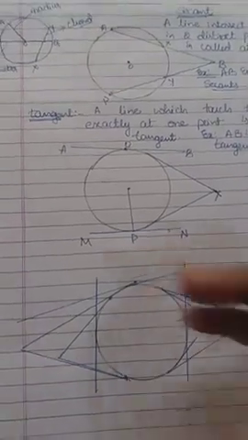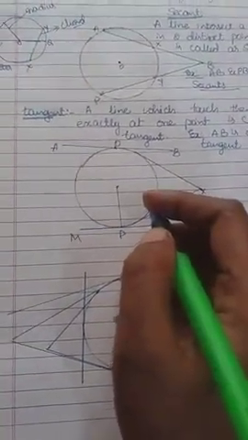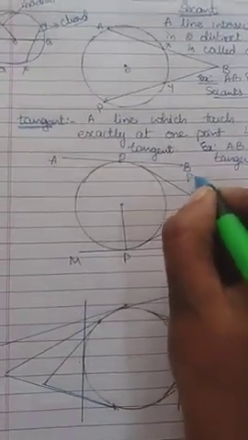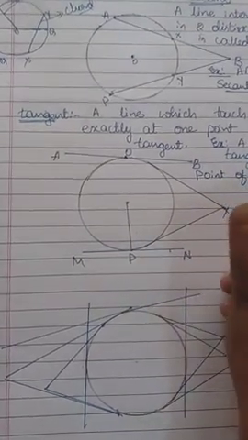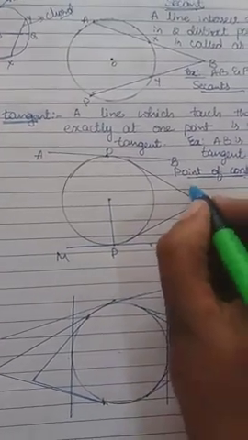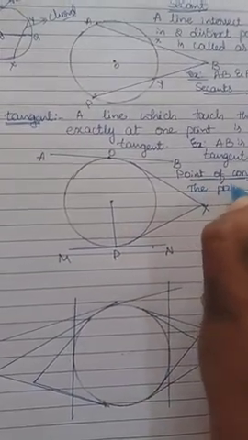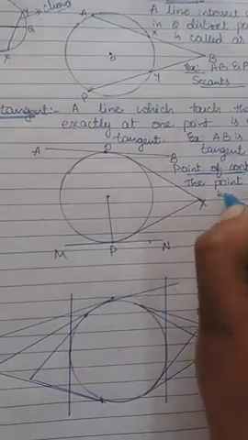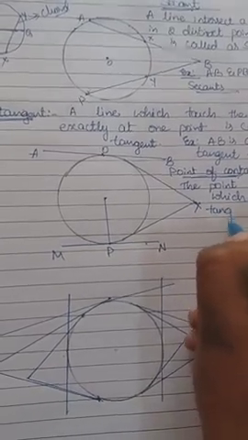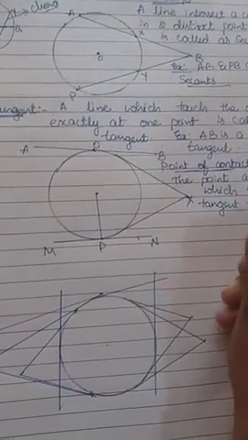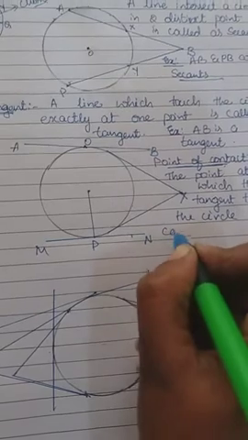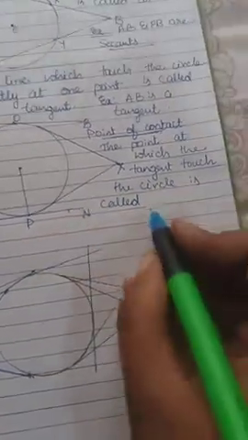What is meant by point of contact? The common point of a tangent and a circle, where it touches, is called the point of contact. Note down the definition: the point at which the tangent touches the circle is called the point of contact.